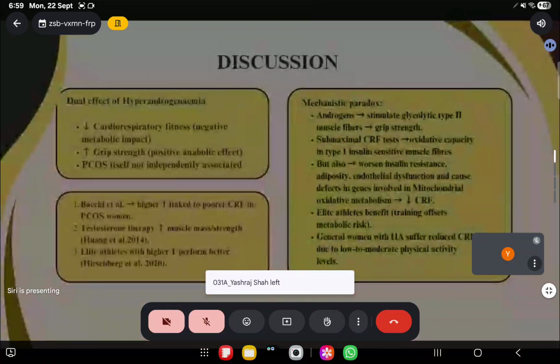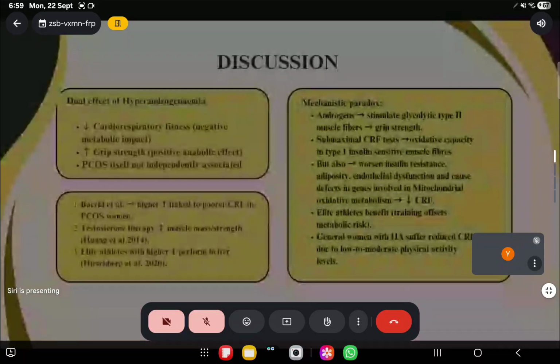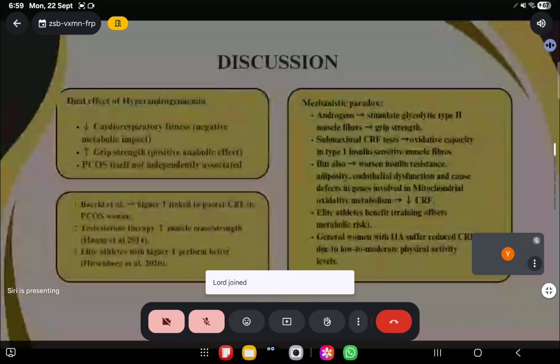The second study, conducted by Huang et al., showed that administration of testosterone improved the muscle strength in athletes. And the third study showed that elite athletes performed better with higher testosterone levels. And why was this seen? Recent studies showed that androgens stimulated mostly the glycolytic type 2 muscle fibers, which enhanced the grip strength.